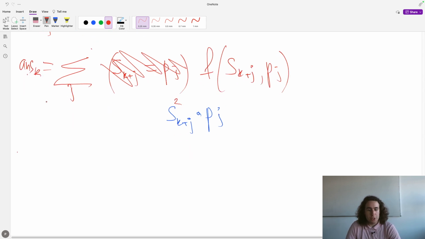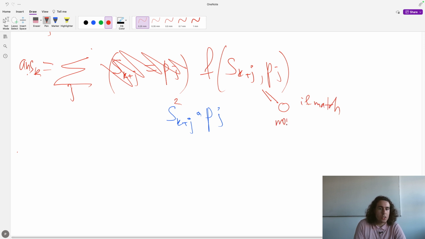Now we're going to change our strategy. So before, we wanted ans_k to be equal to the size of p when they match. But this time we're going to do the opposite thing. We want some function f such that it's 0 if they match and otherwise non-zero if they don't match. So basically we're going to count the number of mismatches.